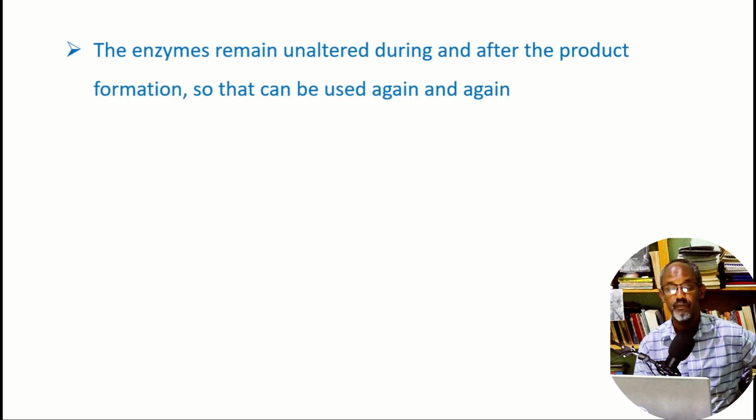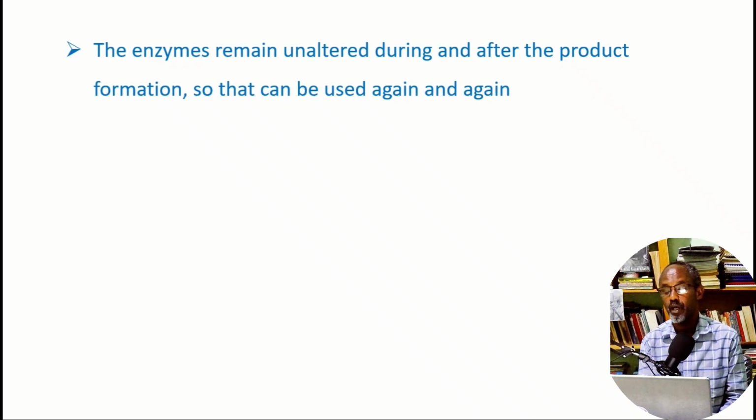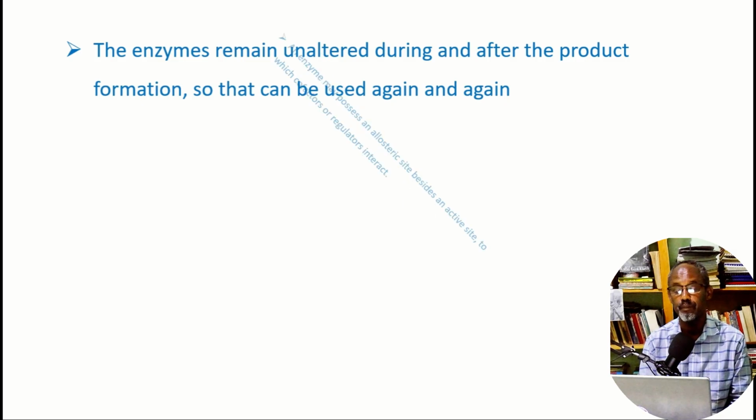They are broken down, their amino acids are recycled, and the gene that produces these enzymes will be switched on and expressed and produce that specific enzyme, in order to replace those worn out or aged enzymes. Otherwise, until they age, they can be used again and again since they are not changed at the end of the reaction. They catalyze, of course, yeah.